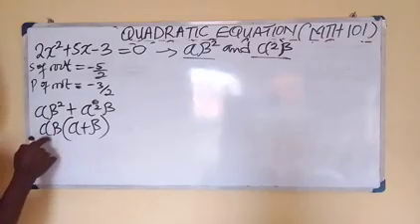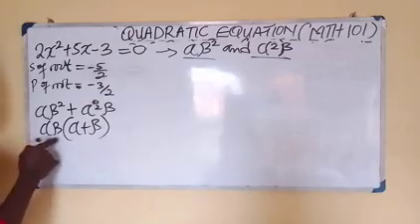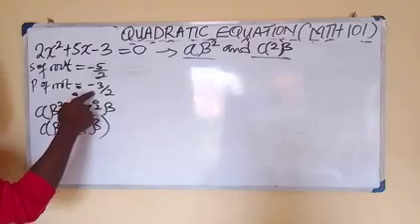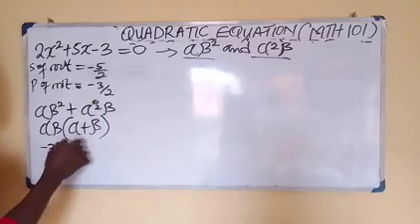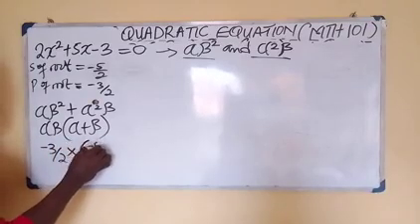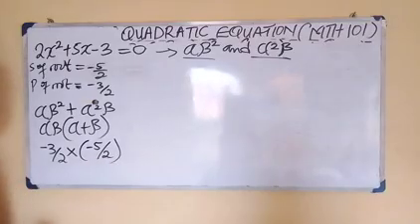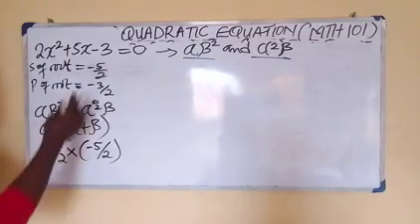The product of alpha and beta we got is minus 3 over 2. It therefore becomes minus 3 over 2 times minus 5 over 2. True or false? True.